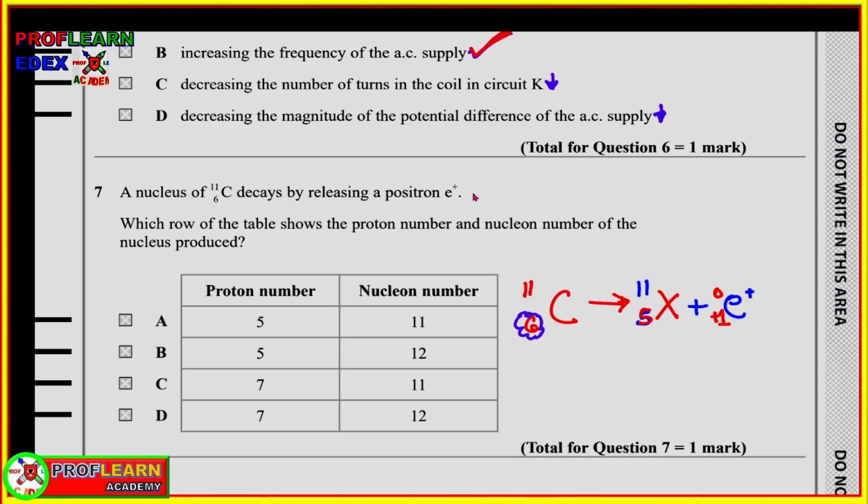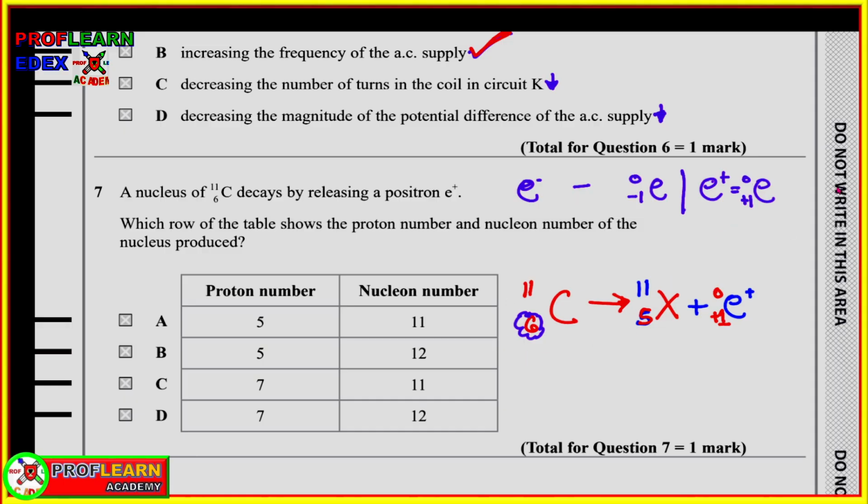So what was the most important thing that you want to remember? We know that an electron is usually written as 0, -1, but a positron, a positive, we are going to say this is going to be written as e with 0, positive 1.